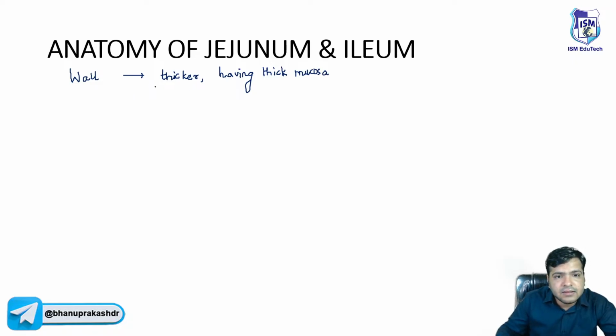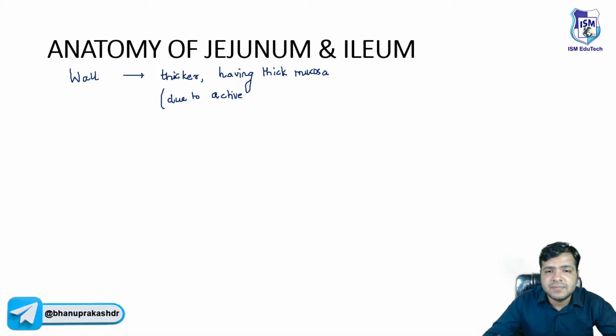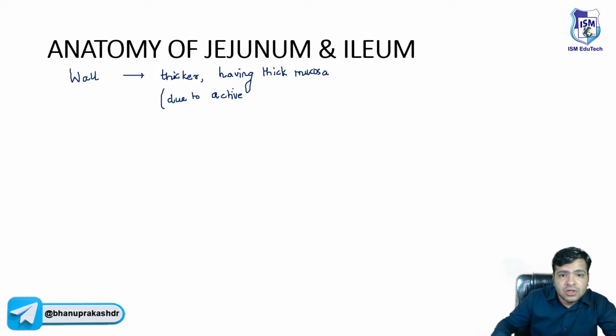Remember that it is due to active absorption. You already know small intestine is the part where all the absorption takes place. So in the small intestine, jejunum is the part where most of the absorption will take place. So that's why it is having thick mucosa beta, due to active absorption of the food, right?